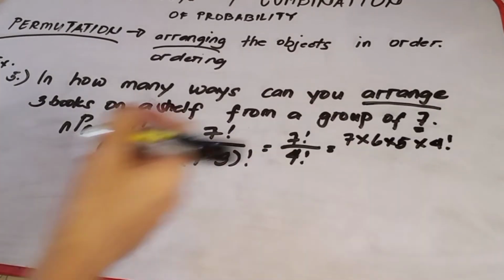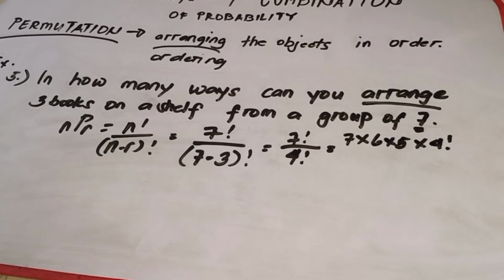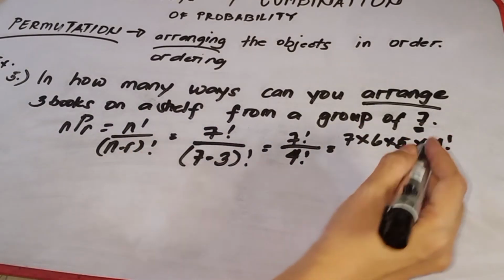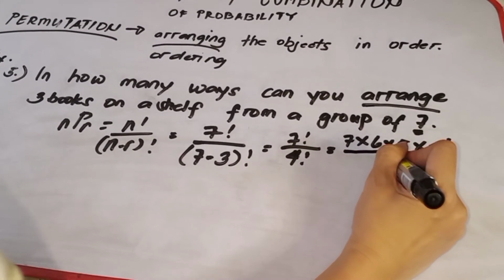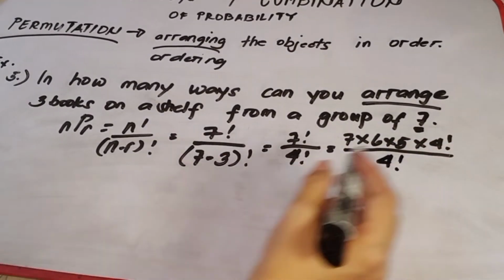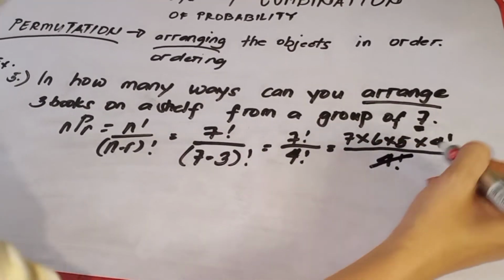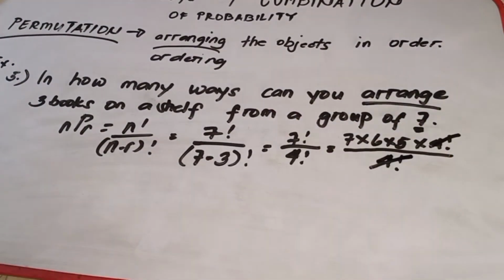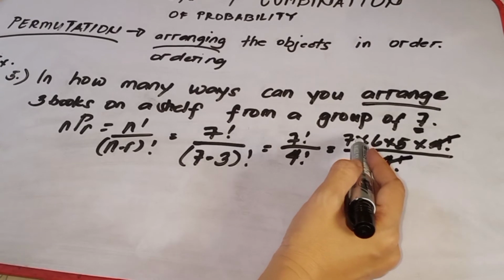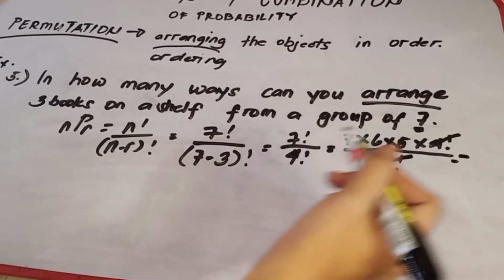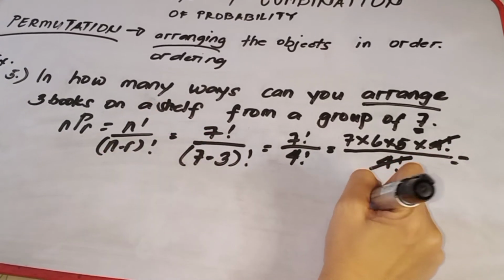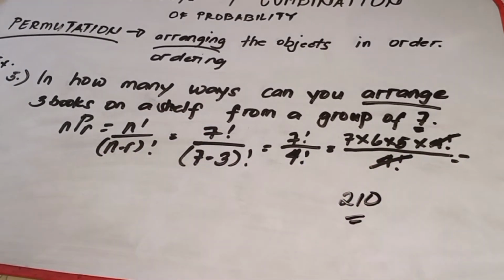So stop na tayo dito para hindi na tayo madami pang space na masakop. Kasi i-divide naman natin siya sa 4 factorial. So with that, we can now simply cancel 4 factorial, 4 factorial. So yung naiwan na lang, that's 7 times 6 times 5, that is equal to 210. So 210 is our answer.